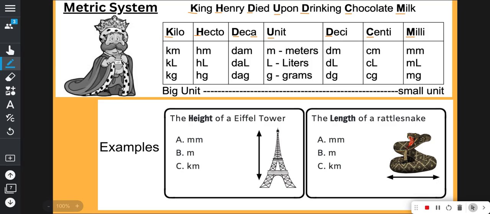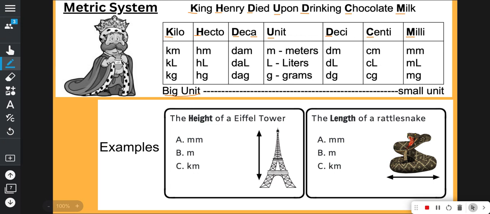The metric system is used all around the world except for the US. But we do use it in the US when we are talking about some types of measurements in math, and it is the universal measurement for science. So you'll start to see these a lot more in science class. Kilo is the biggest unit.